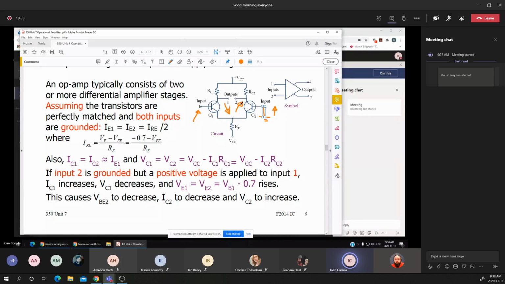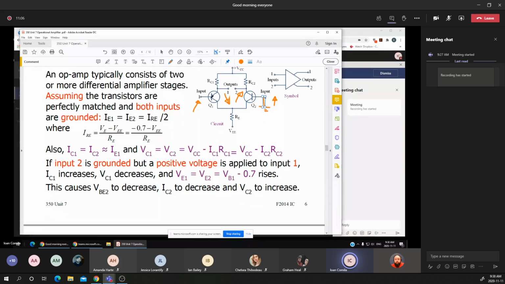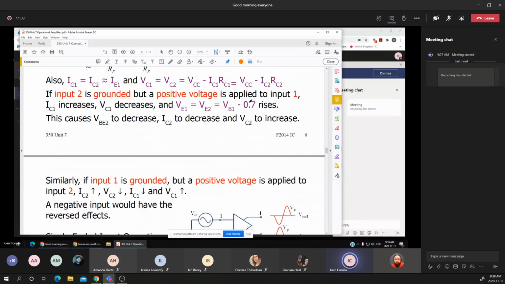You notice that one output is decreasing by a certain amount while the other is increasing by the same amount of voltage. This means the two outputs will increase or decrease by the same amount of voltage, which is defined by the gain of the circuit.